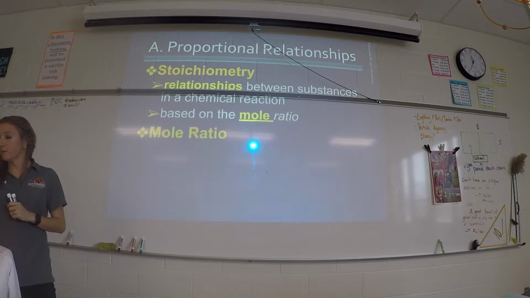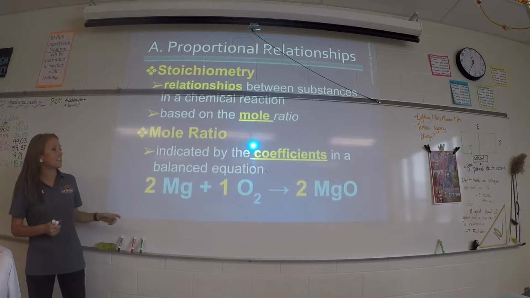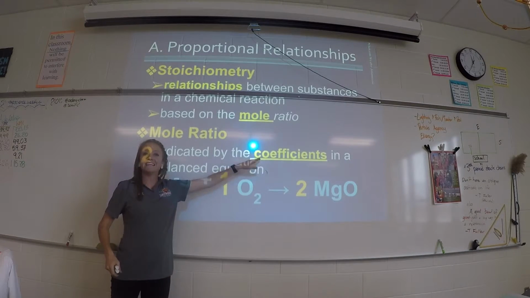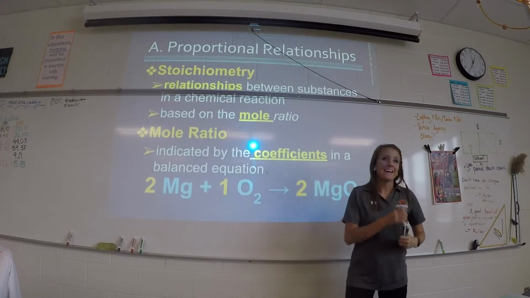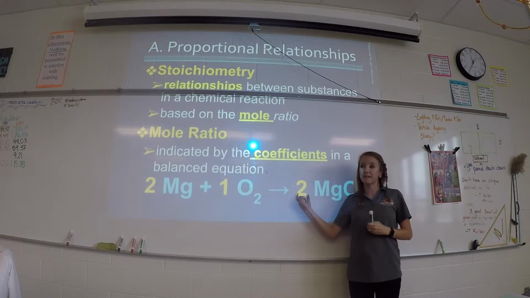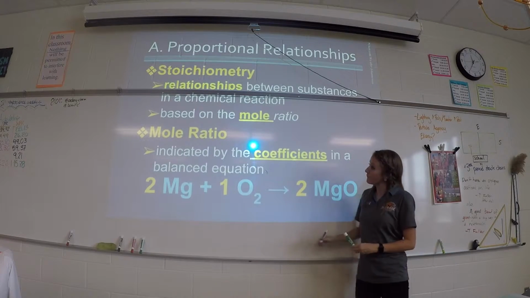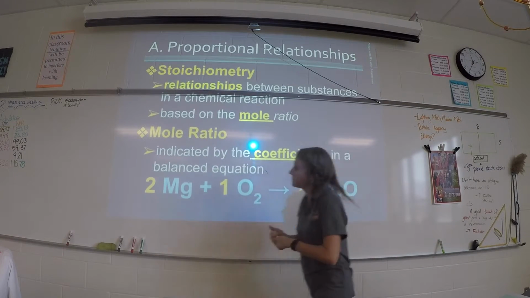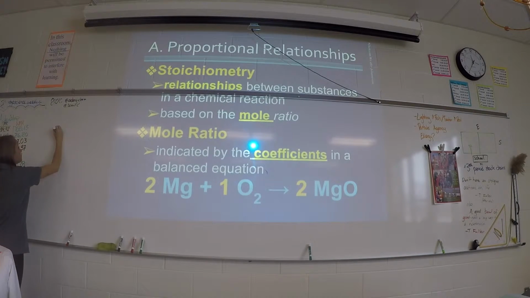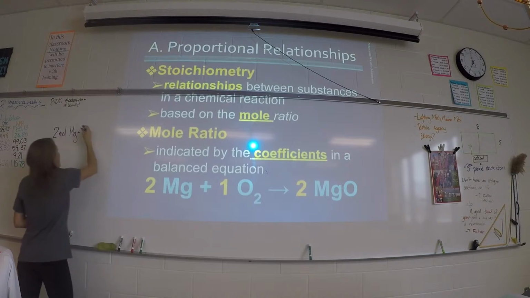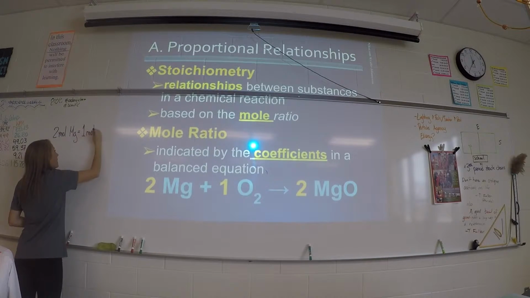When I talk about a mole ratio, I'm talking about the coefficients in a balanced equation. And the coefficients are these big numbers out in front, the numbers we had to balance like we learned last time. So for example, in this problem, if I'm telling you 2 moles of Mg, from the balanced equation, that's going to be equal to 1 mole of O2.